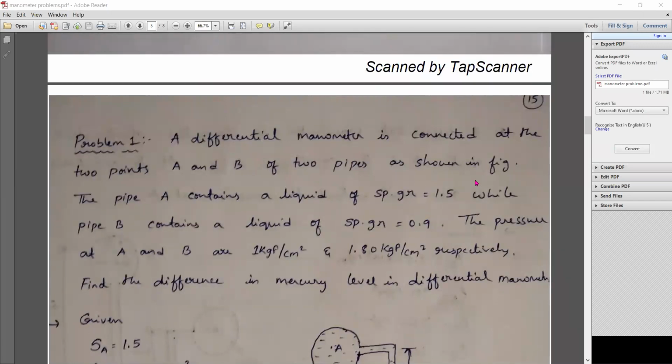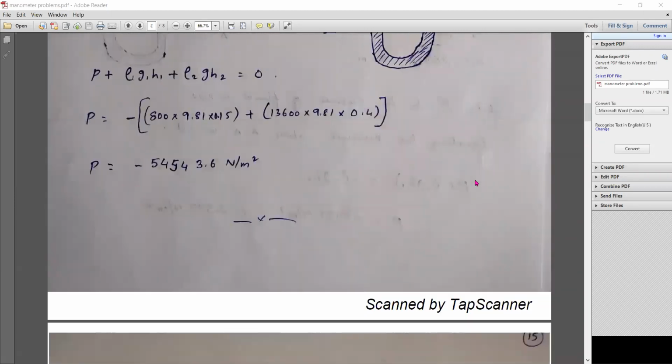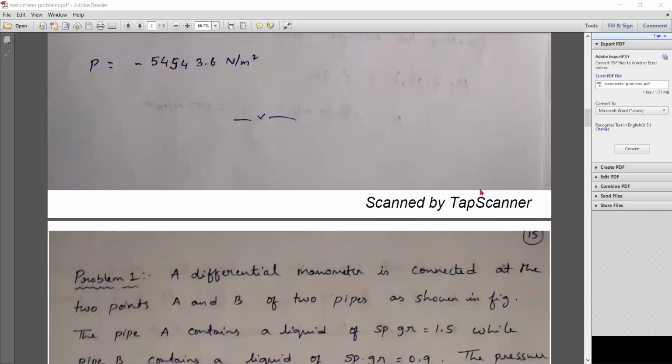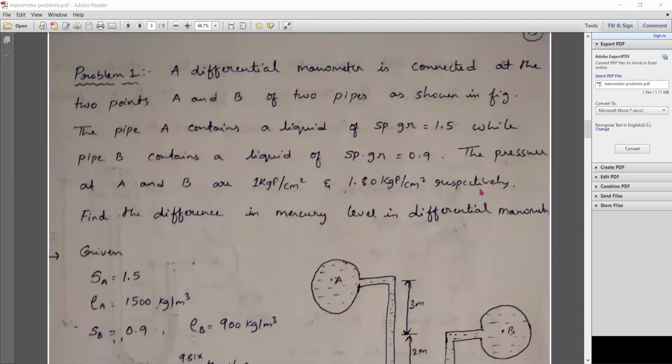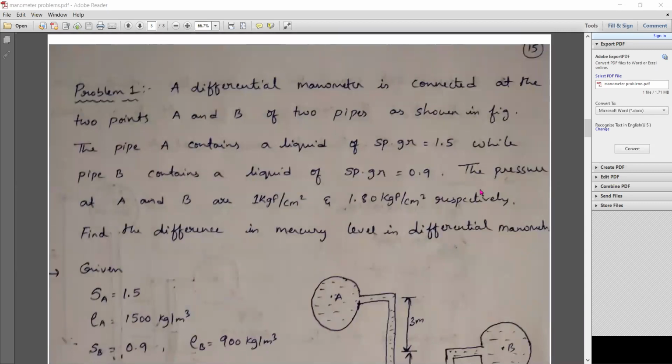This is better, no? Yes, can you see the question?